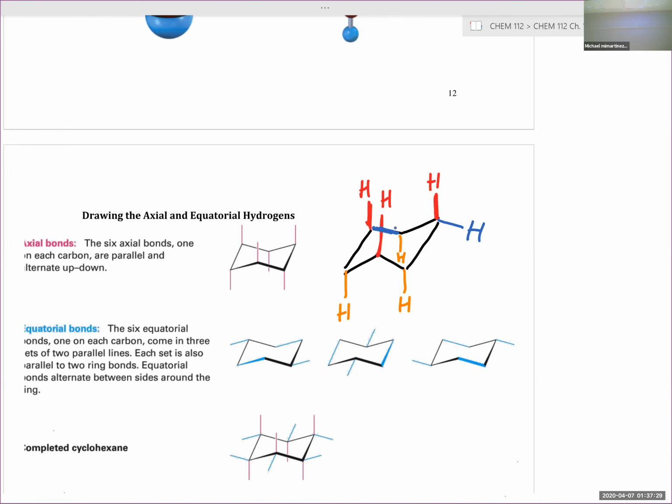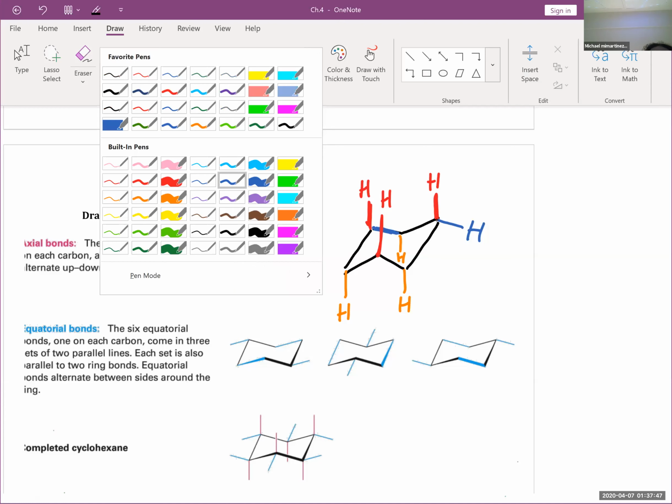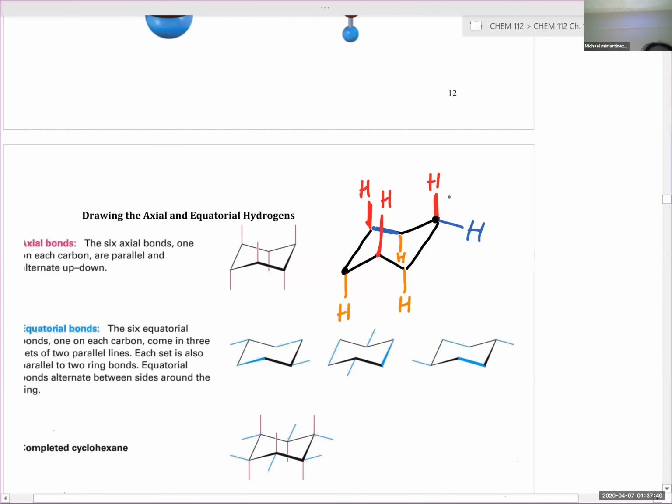It doesn't actually matter which carbon you start with for adding the axial up hydrogens, but as a rule of thumb, the carbon that's pointing up, I like to call 1, and the carbon that's pointing down, I like to call 4.